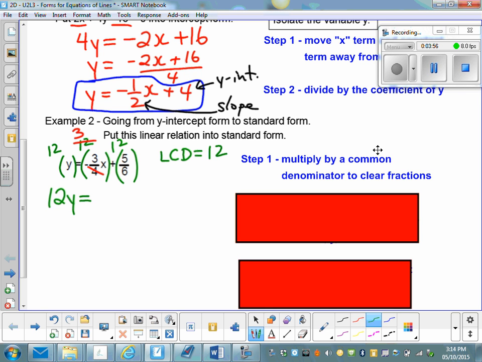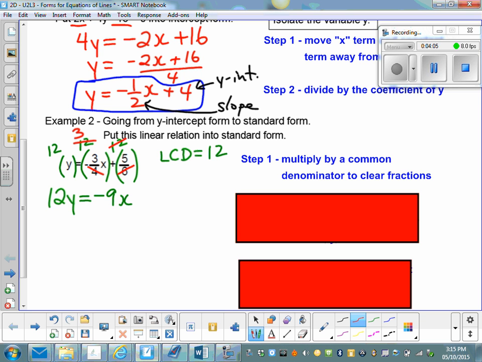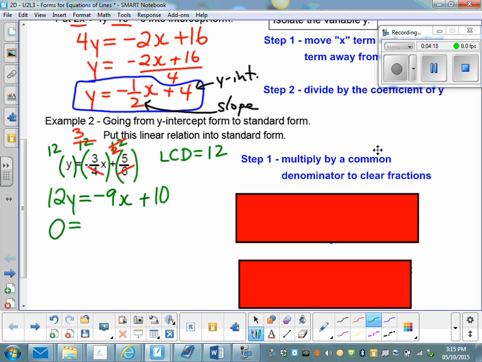That's going to give me 3 times negative 3x. It's going to give me negative 9x. And then 6 goes into 12 2 times. So 2 times 5 is going to give me 10. All right, then I'm going to move the 12y to the other side.